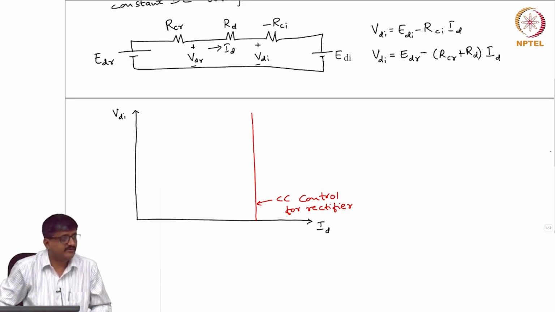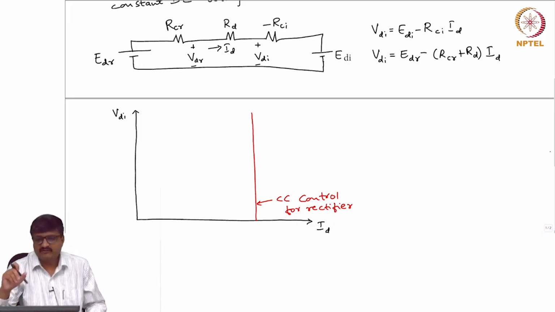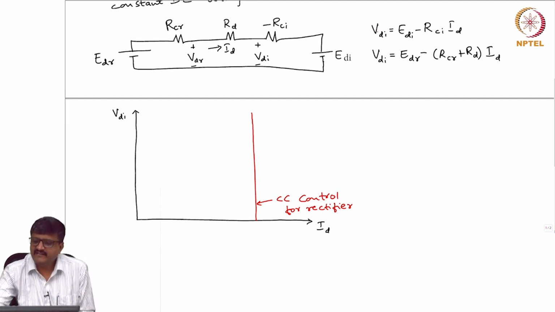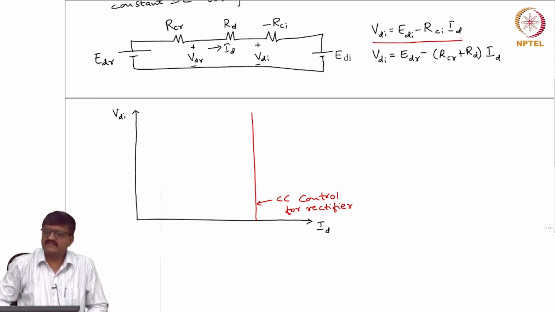What is the slope? Minus RCI. Where does it intersect the VDI axis? Just look at this equation: VDI is equal to EDI minus RCI ID. Now, is RCI constant? RCI is constant for a given tap.